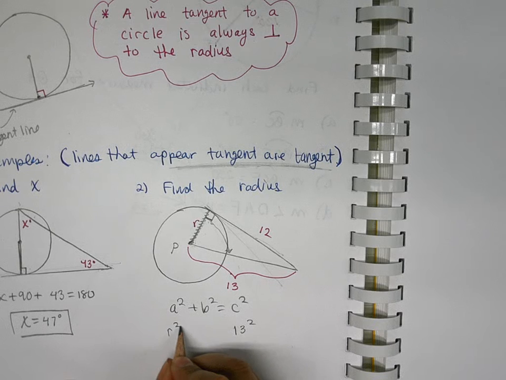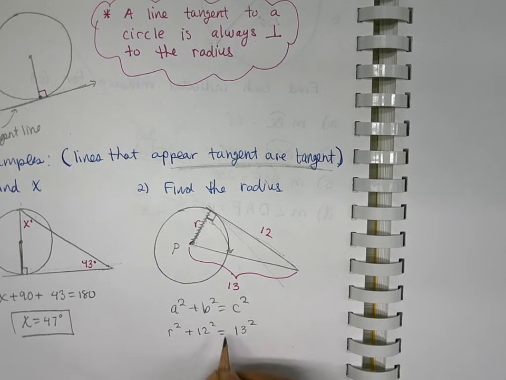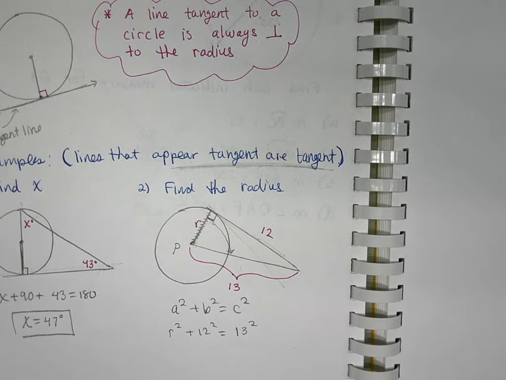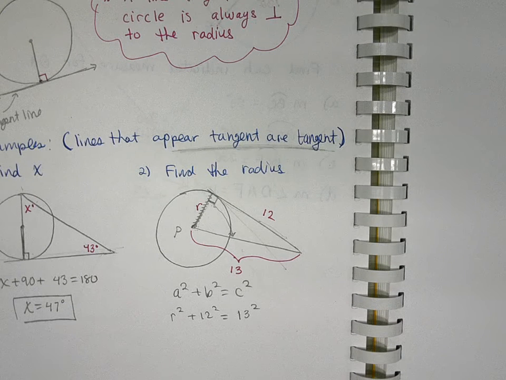Okay, so 13 squared goes on this side, R squared plus 12 squared goes on the other side. R squared plus 12 squared equals 13 squared. I'm going to give you guys a few seconds to solve that. You don't need a few minutes. Go ahead and work it out.